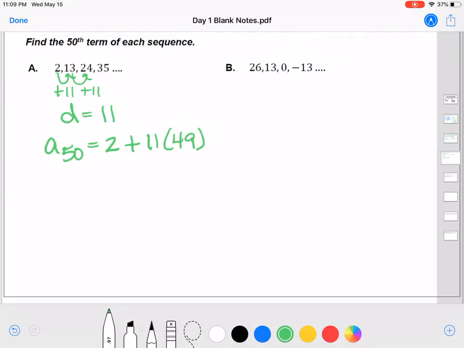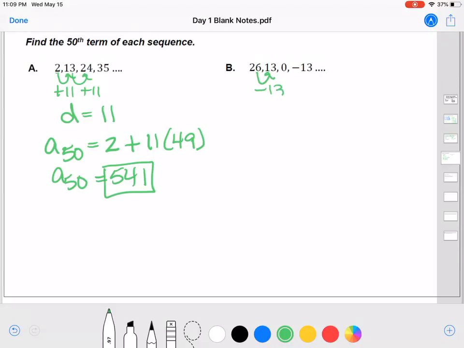This would give me my 50th term, which is a sub 50, 541. Okay, so the same thing would apply for B.